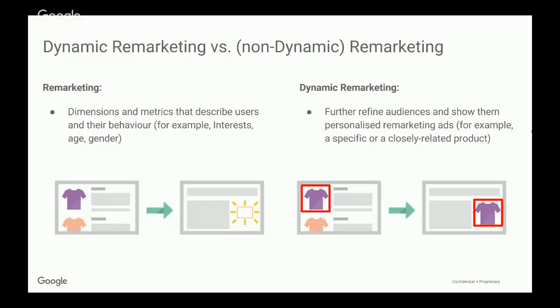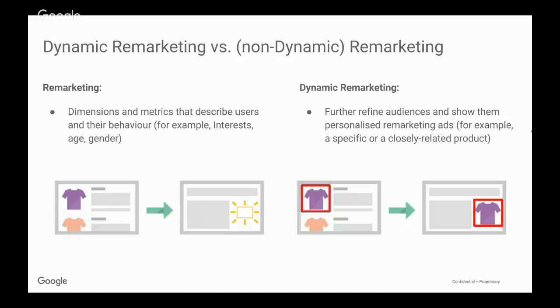For example, if you use Google Analytics for this purpose, Analytics can collect things like the IDs of the product that a user interacts with on, let's say, retail websites. With updated tagging and with the corresponding attributes available in AdWords, you can then create audiences to whom you can serve personalized remarketing ads. And this is the main advantage of dynamic remarketing.